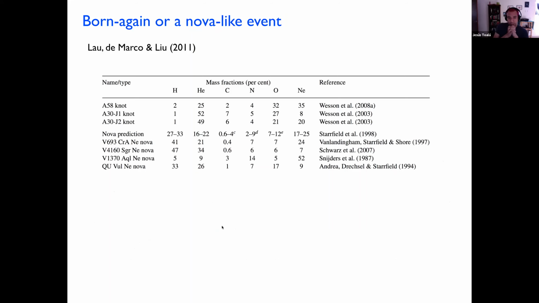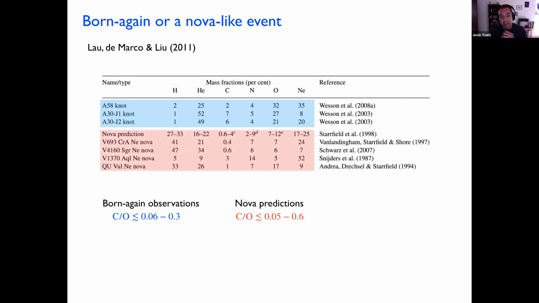But in 2011, Lau, De Marco, and Liu started comparing the abundances obtained from optical studies of Abell 58 and Abell 30 with the predictions from novae and some observations of classical novae. What they saw is that the carbon to oxygen ratio in born-again clumps is about 0.06 to 0.3, and for the nova predictions it is very similar, 0.05 up to 0.6.